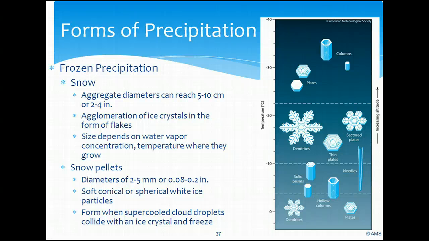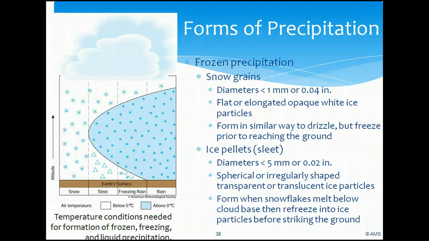Snow pellets, which are called soft hail or graupel, are conical shaped and spherical particles of ice having diameters of 2 to 5 millimeters. Snow grains, which we also know as granular snow, are flat or elongated opaque white particles of ice, usually less than 1 millimeter in diameter, that originate in much the same way as drizzle, except they freeze prior to reaching the ground.